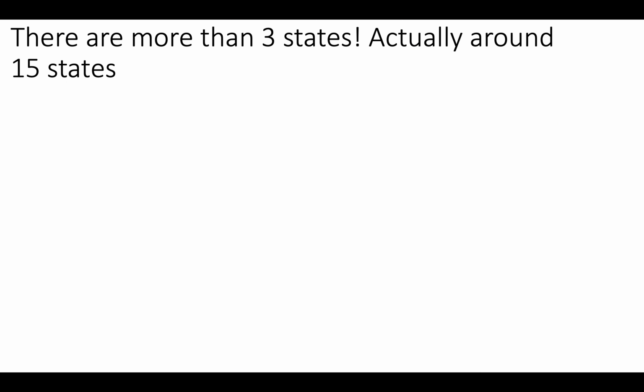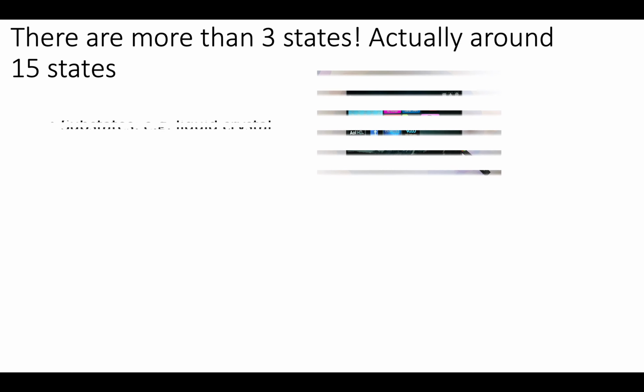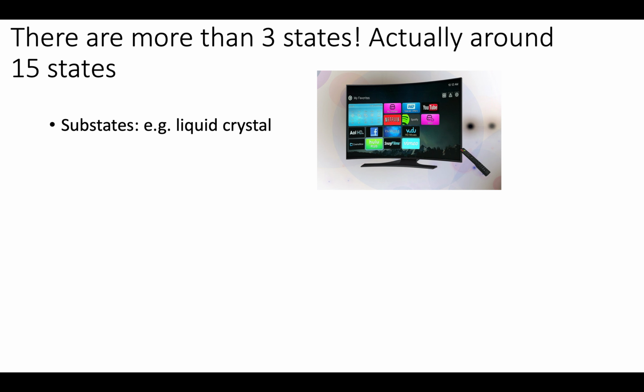I've been wondering for many years, when I first started learning chemistry, are there really just three states? It turns out there are a lot more states than you can imagine. There are right now 15 defined states, and there are different ways these are defined. The first way is substates.